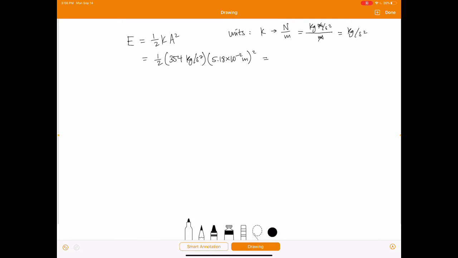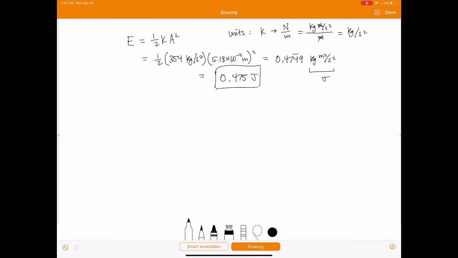And if you do the calculation, you'll get 0.4749 kilograms meters squared per second squared. We'd want to keep 3 sig figs on that. And by the way, this unit that we're left with is a joule. So what we have is 0.475 joules.